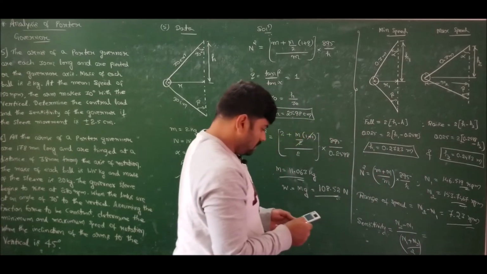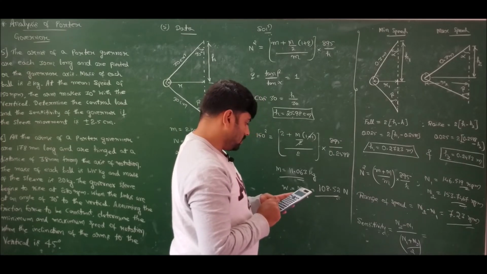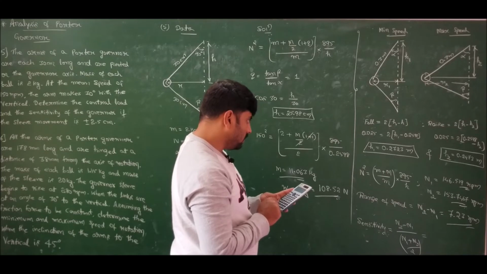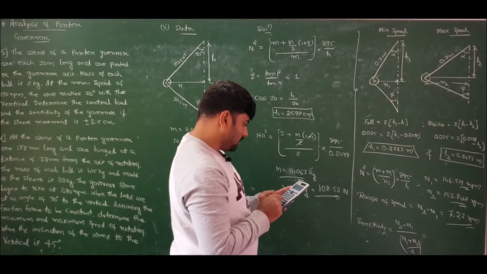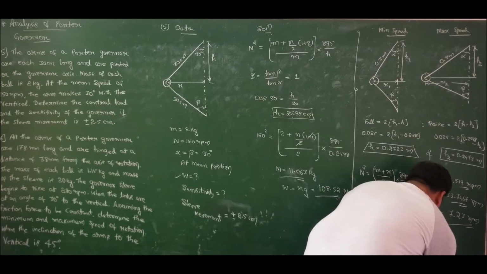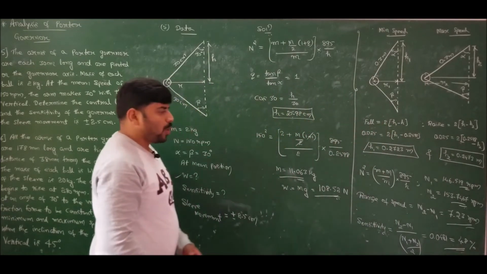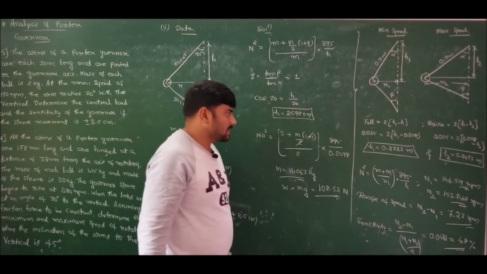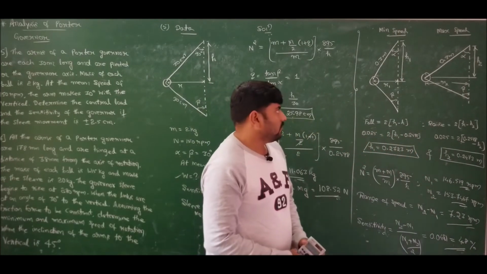So we know the range of speed into 2 divided by n1 plus n2, that is 146.519 plus 153.7467, which is equal to 0.0481, which is nothing but 4.8%. So the sensitivity of the governor is 4.8% and the range of speed is 7.23 rpm. So 4.8% is the sensitivity for this problem.